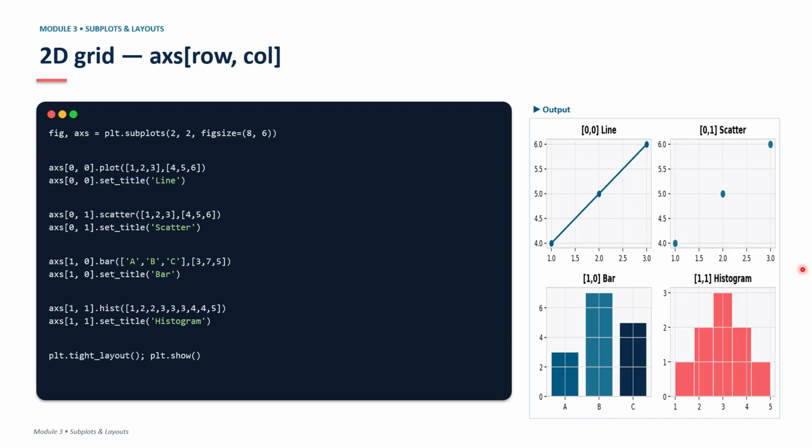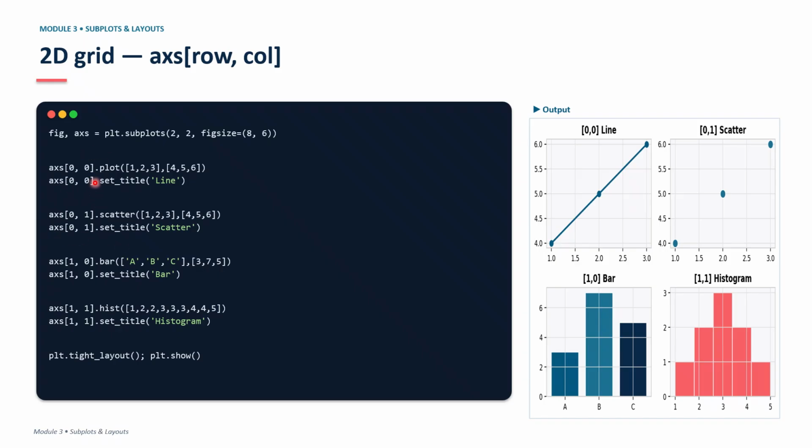As we have learned earlier, this tight underscore layout will help you to make the proper alignment across the entire panel. For getting the axis like 0, comma 0, if you forget this, it is a common mistake that learners make.